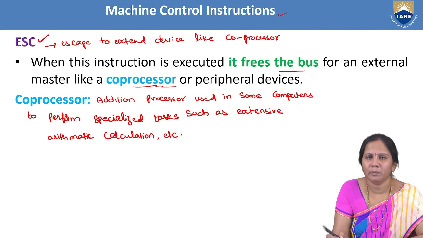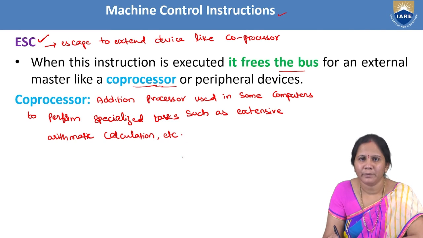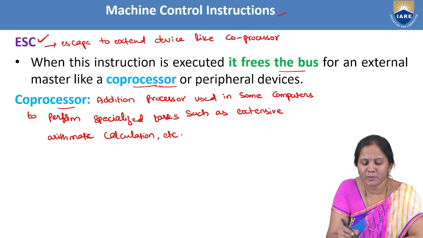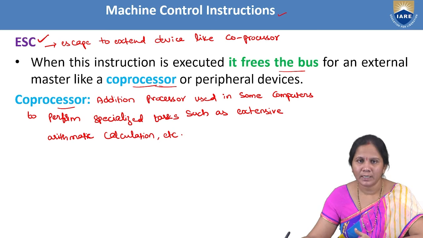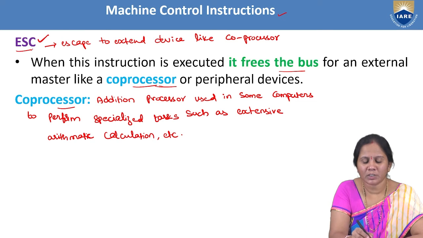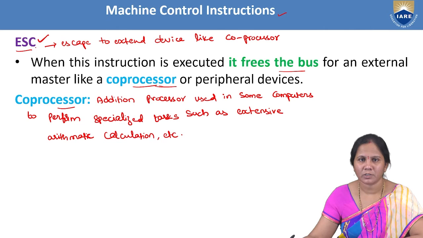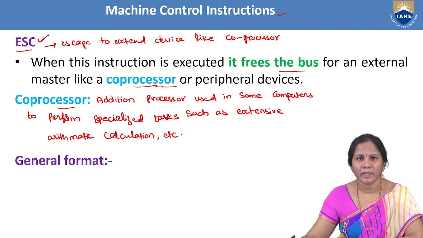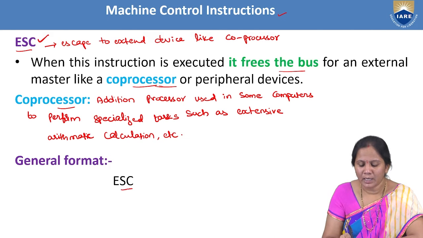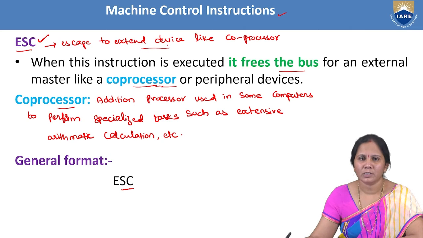Any arithmetic operations that should be done extensively, this is the purpose of the coprocessor. So when the processor wants to release the system bus access to the requested master, it can do so by executing the escape instruction, ESC. The general format of this instruction is ESC, escape to extend a device like a coprocessor.